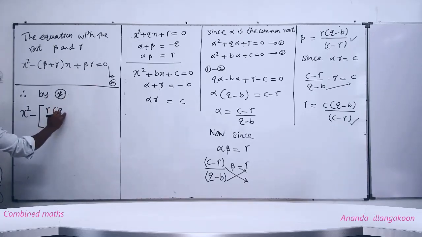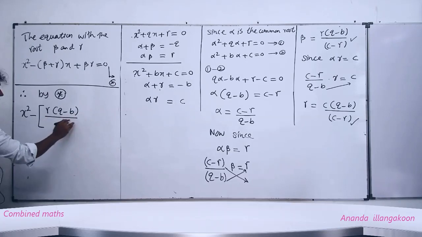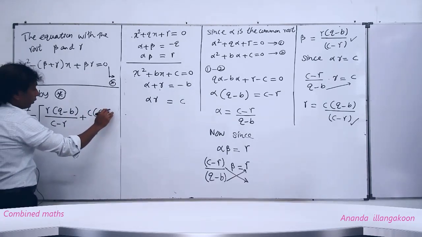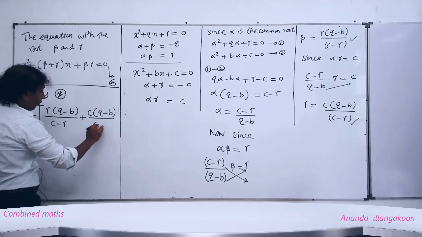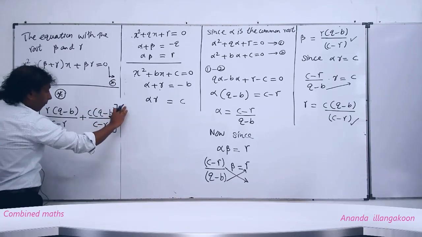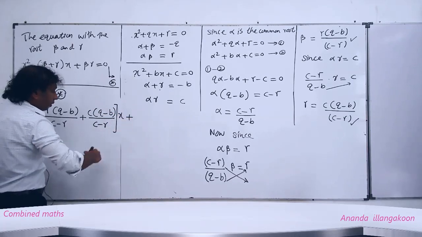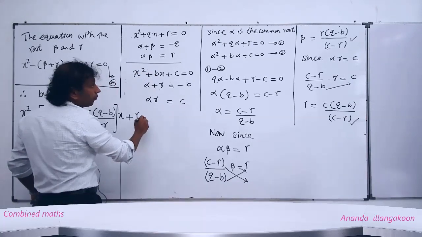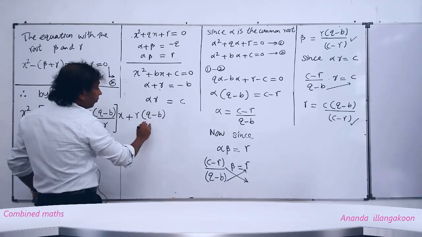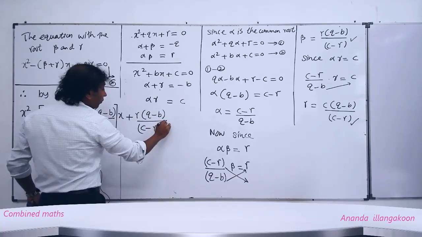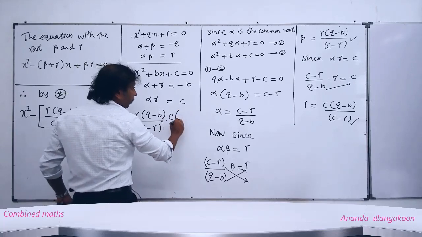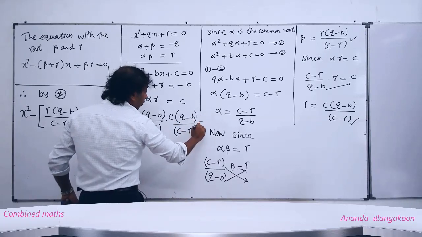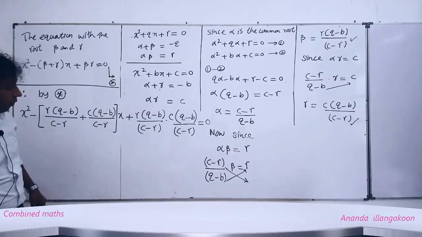R times q minus b divided by c minus r, plus gamma, c times q minus b divided by c minus r, times x, plus beta gamma product, that time this r times q minus b divided by c minus r into this c q minus b divided by c minus r, equals 0.